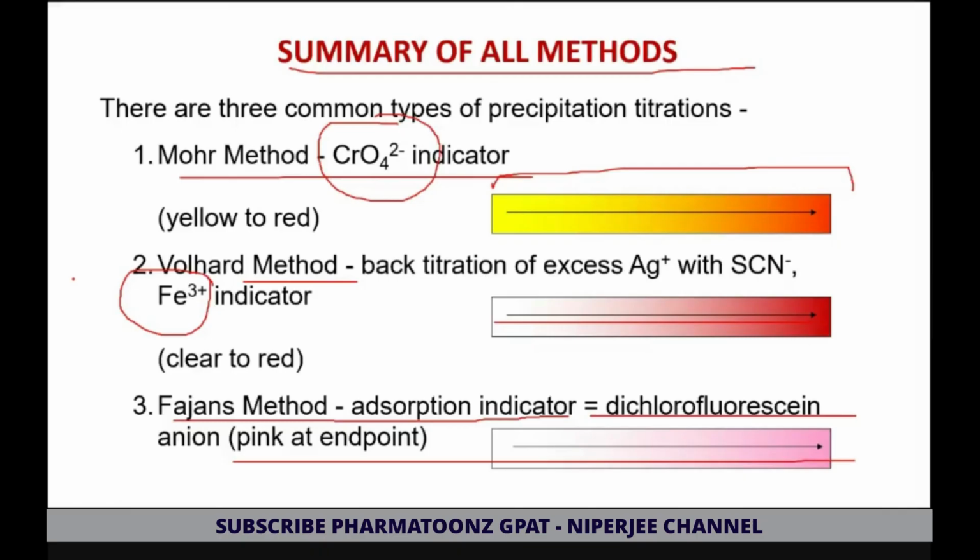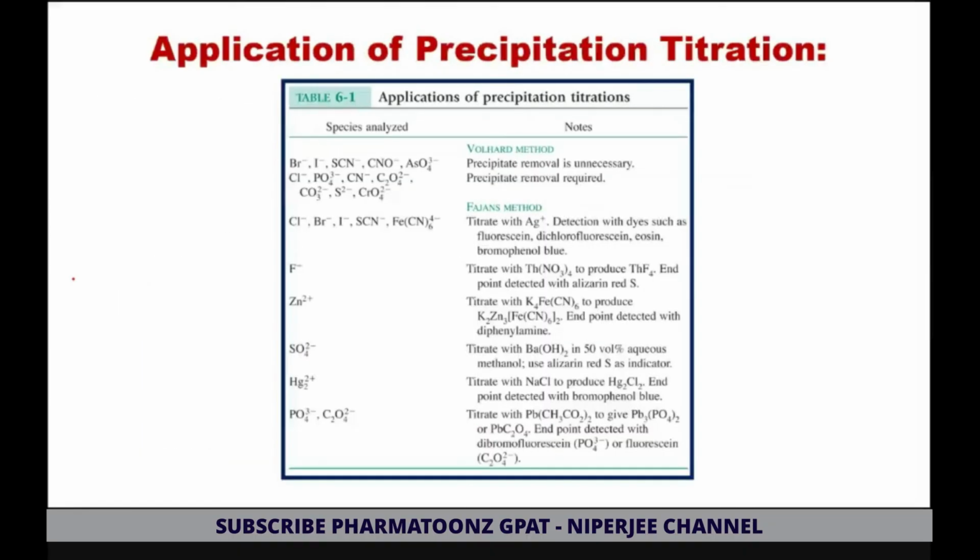Mohr's method and Fajans method are direct titration methods. Volhard is an indirect titration method. The excess Ag+ is titrated with thiocyanate, and at the end point the ferric thiocyanate complex is formed that gives a red color. So these are some important points from precipitation titrations.